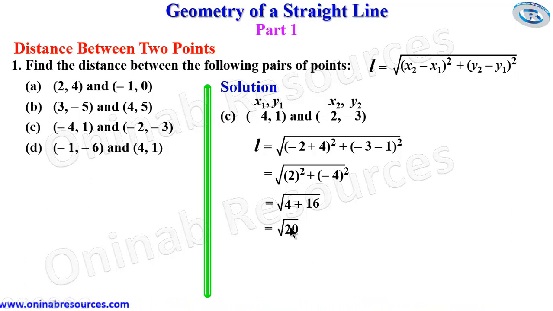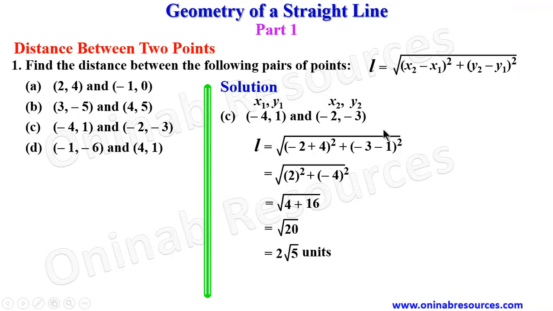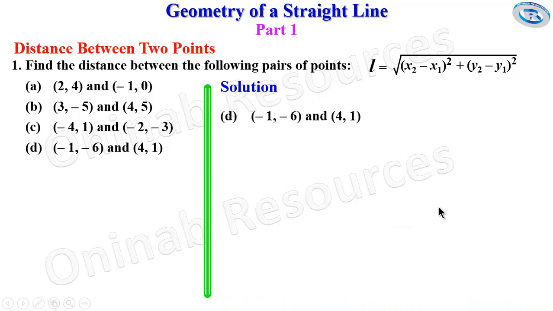This root 20 can be simplified further since it has a factor that is a perfect square. That's 4 times 5. So square root of 4 there will give us 2. Then the square root of 5 will just give us root 5. Then 2 root 5 units is the distance between the points (-4, 1) and (-2, -3). That's all for C.